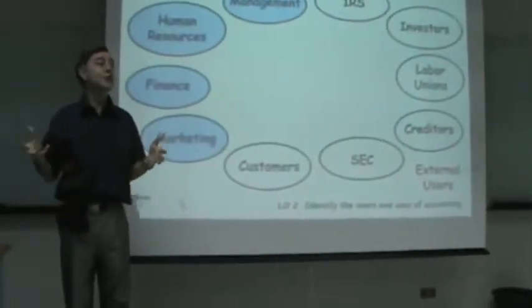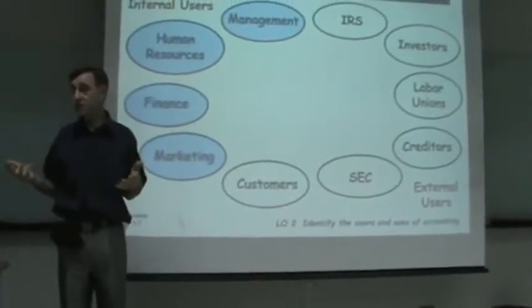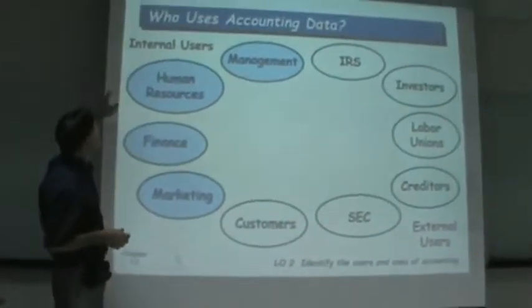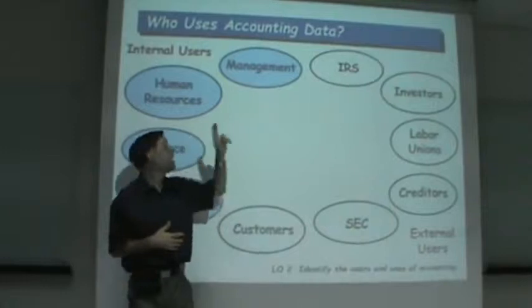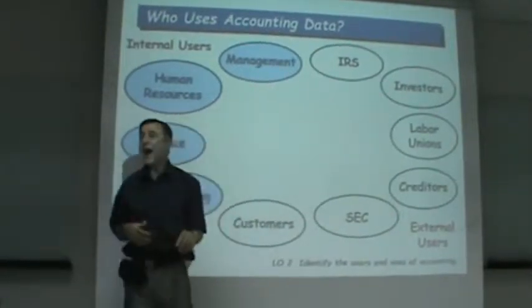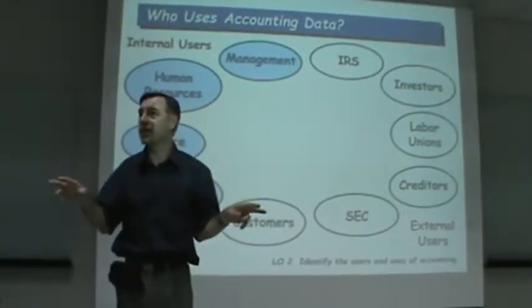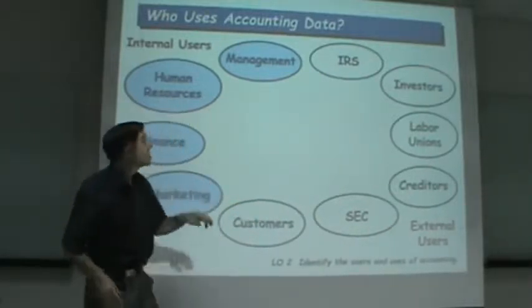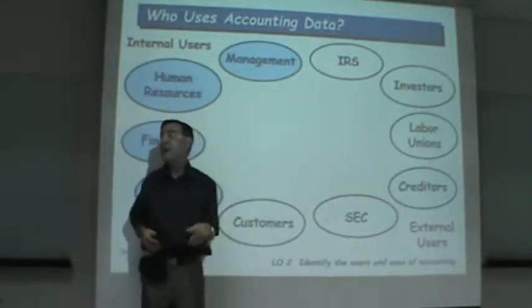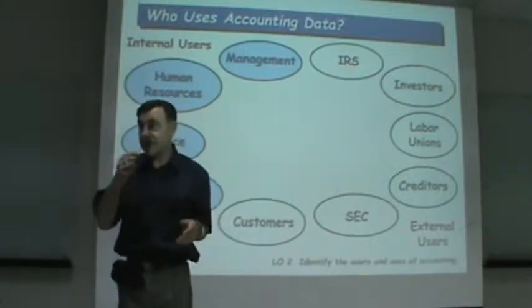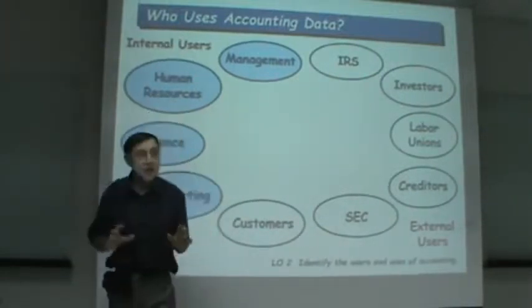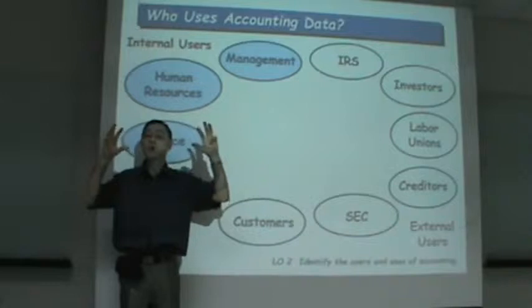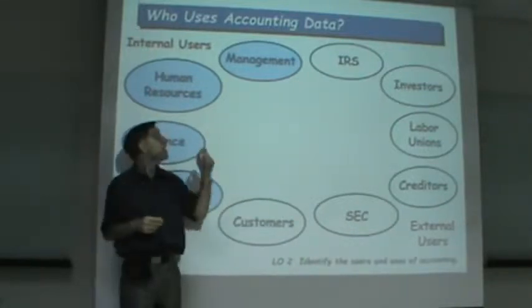So we begin with the internal users. Internal user number 1 is management. How many of you are taking management course with me? Only one? Oh, 1, 2, 3, okay. So I will be explaining who management is in the other course, but these are the people who run the company.